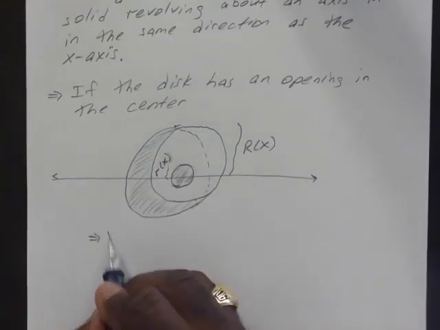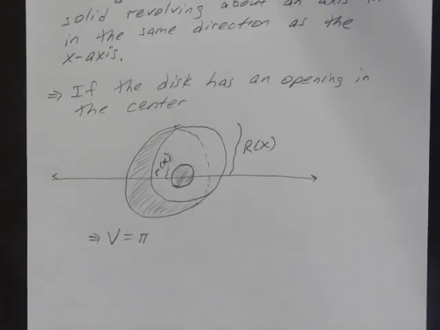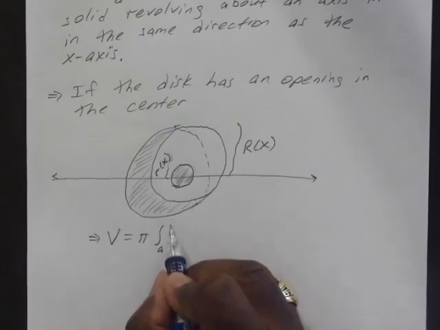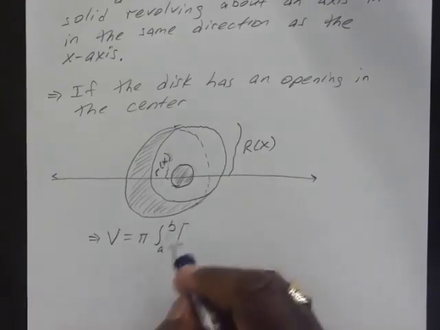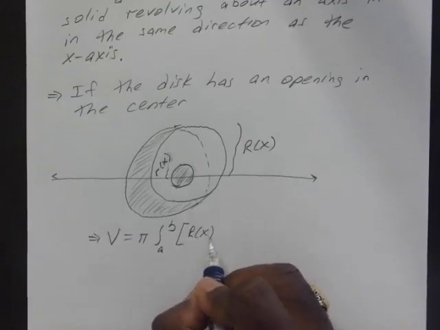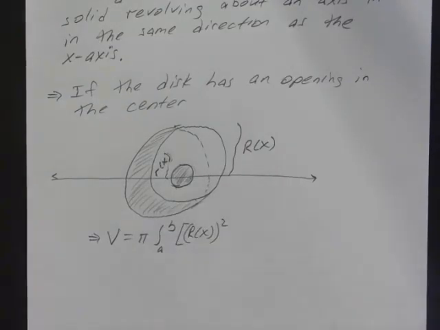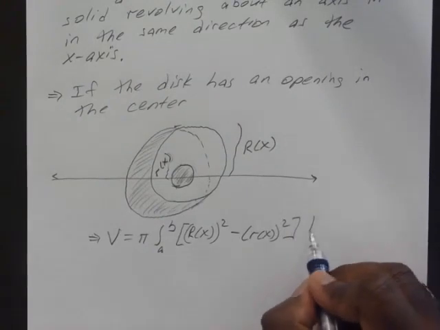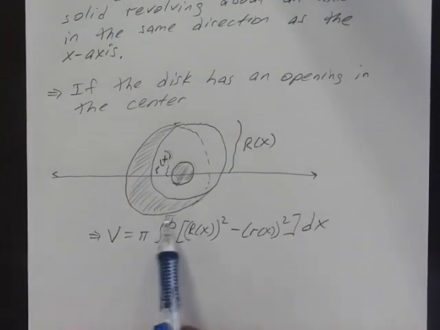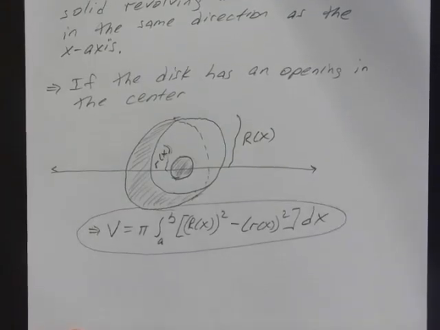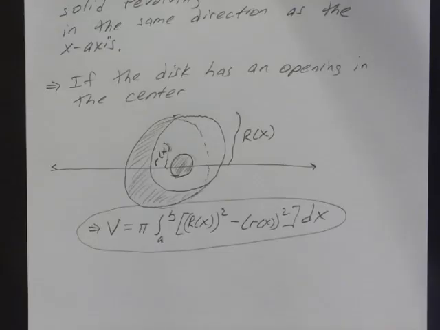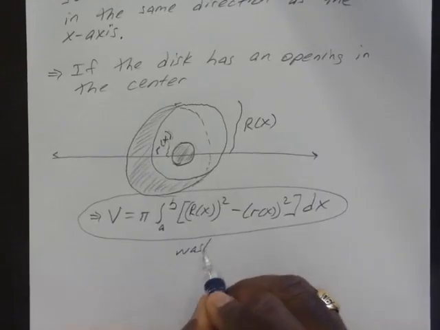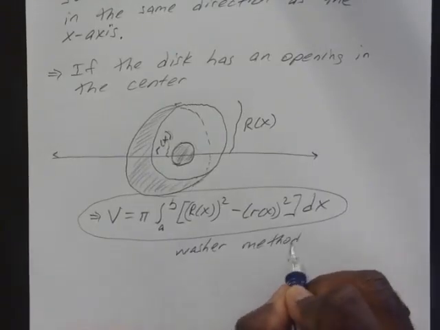So that volume is just going to equal the same disk method, but it's going to be the outer radius squared minus the inner radius squared with respect to x. And this is our washer method formula.